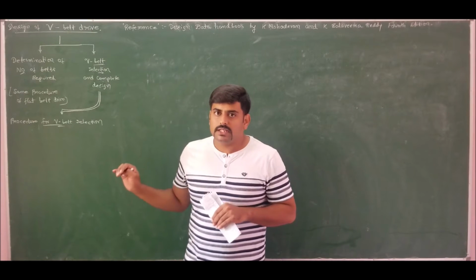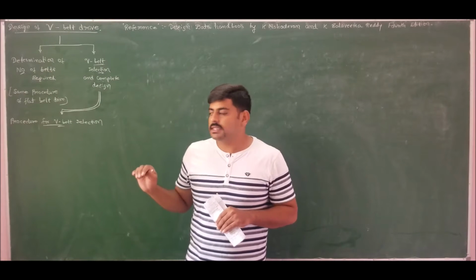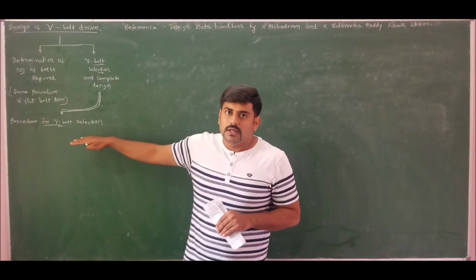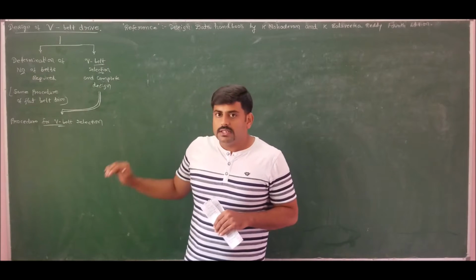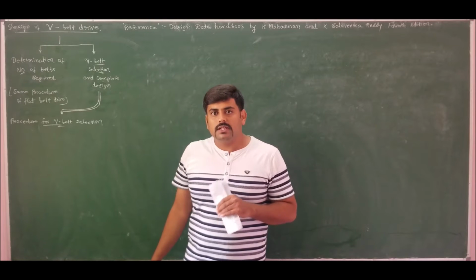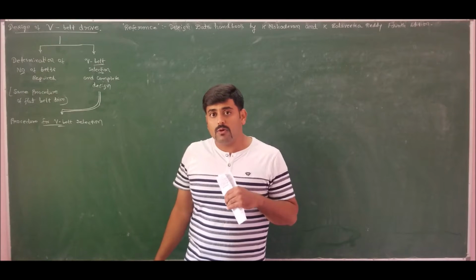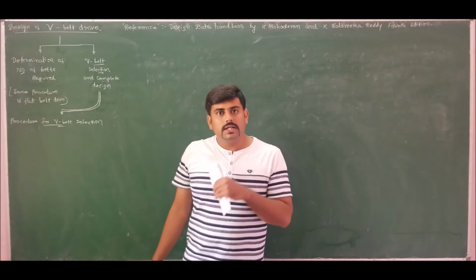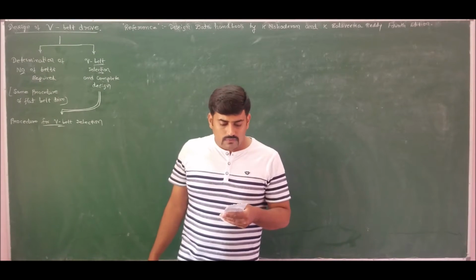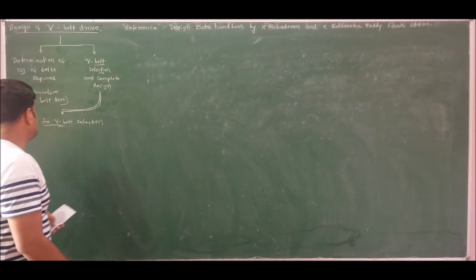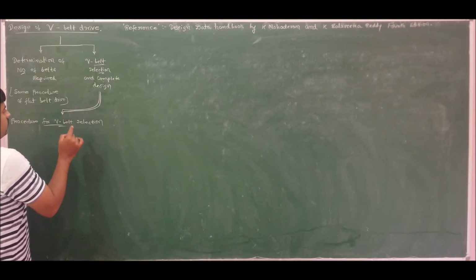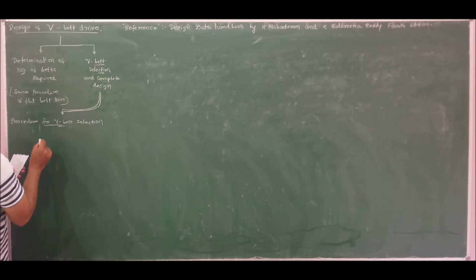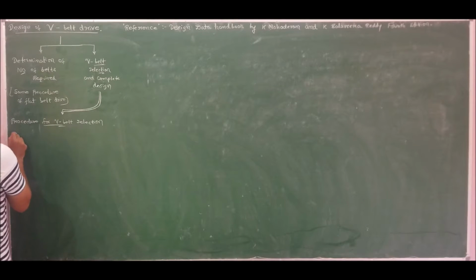For the given application, we should determine what cross section of belt is suitable, and we should also determine the number of belts required to transmit the total power from the prime mover to the driven pulley. Now the procedure we should follow whenever we are asked to select a V-belt is that in the first step we should find the cross section of belt.